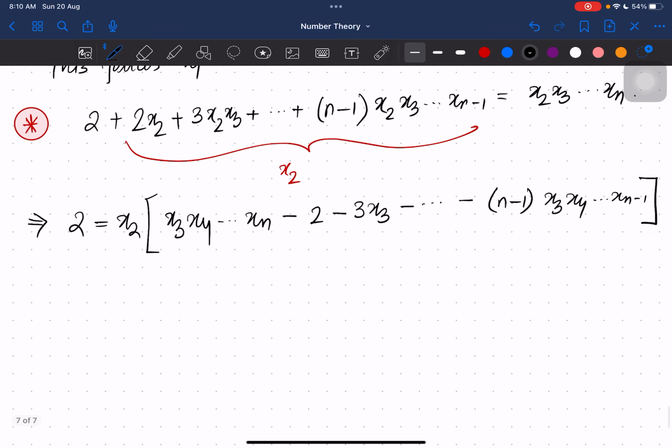Right. So now the thing is the total product of two integers is 2, and since x2 is positive, the other one also has to be positive. So 2 we can either write 1 into 2 or 2 into 1, right?